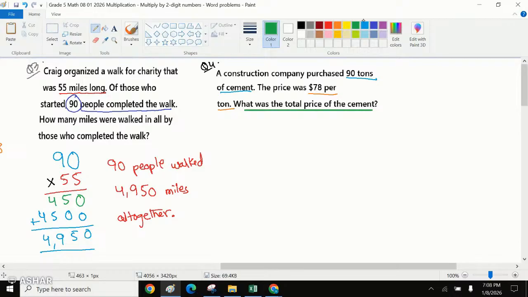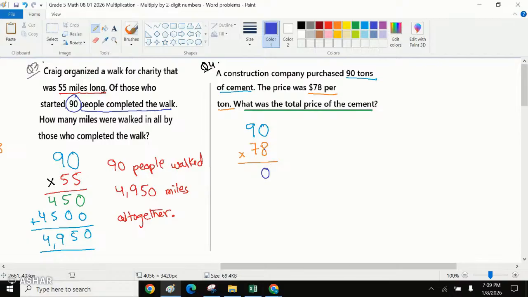So how many tons were there? There were 90 tons, and per ton it was $78, right? Once we multiply these numbers together, we will find the total cost of the cement the company had to pay. I'm just putting a partition over here so that we can differentiate between the working of question 3 and question 4. Any number multiplied by 0 is 0.